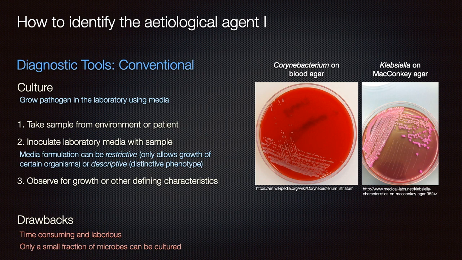One of the oldest methods for determining if a pathogen is present involves laboratory culture of the organism itself. In this method, a sample that is thought or suspected to contain the pathogen is obtained, and that sample is used to inoculate the culture media or growth media for the particular pathogen of interest.